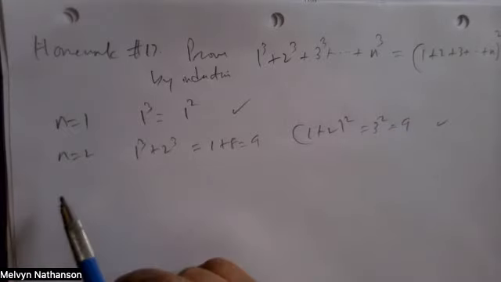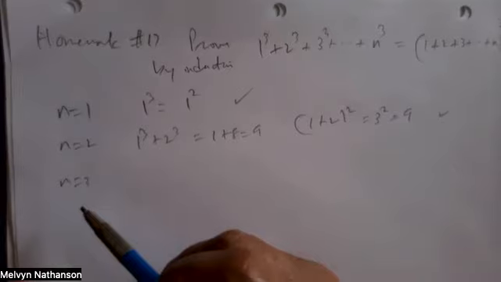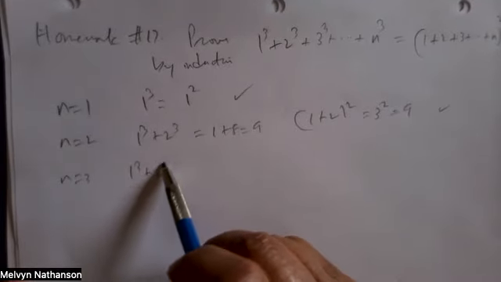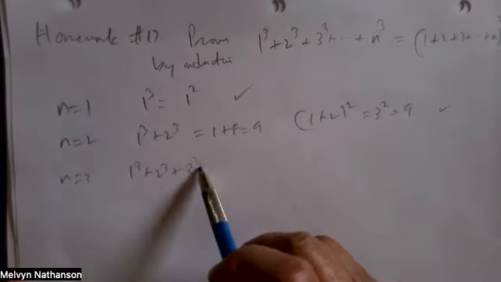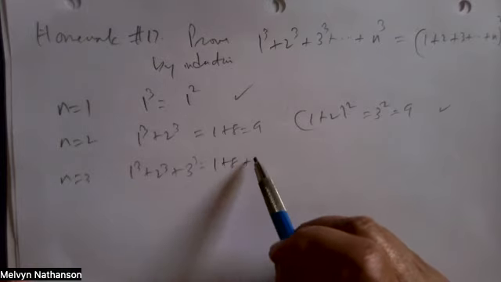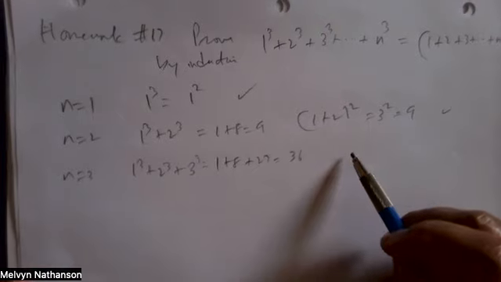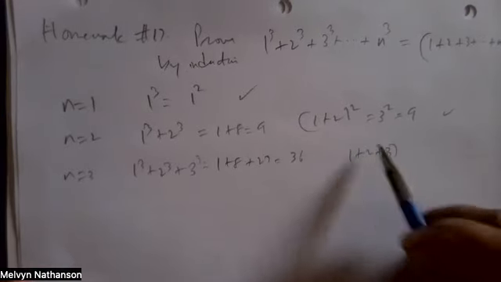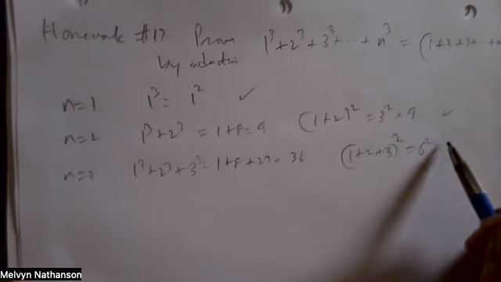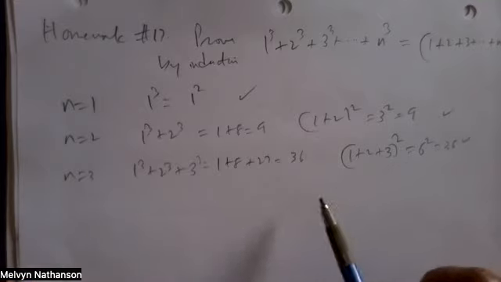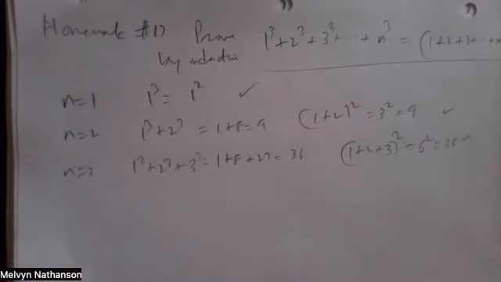So that checks. And for the case n equal 3, 1 cubed plus 2 cubed plus 3 cubed is 1 plus 8 plus 27, which is 36. And 1 plus 2 plus 3 squared is 6 squared is 36. So at least for the first 3 cases, we know this is true.